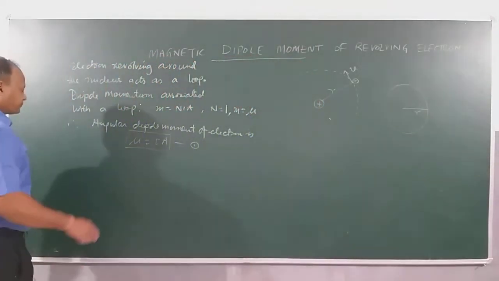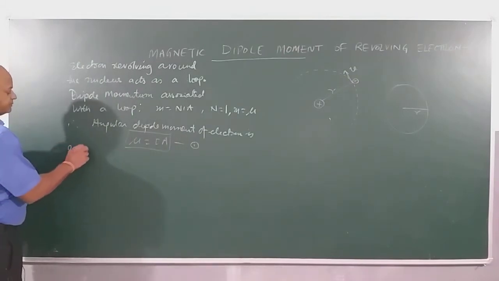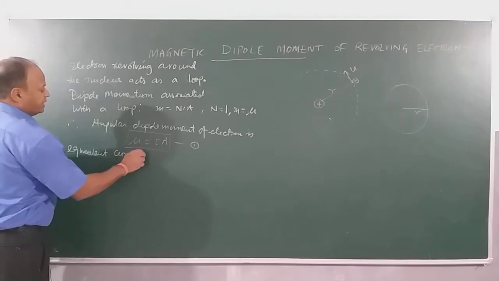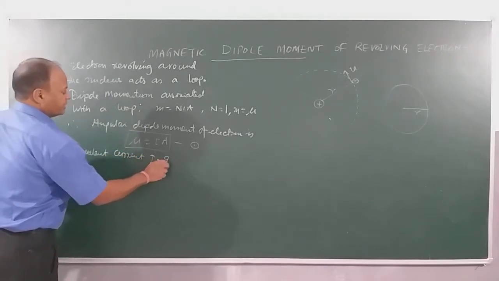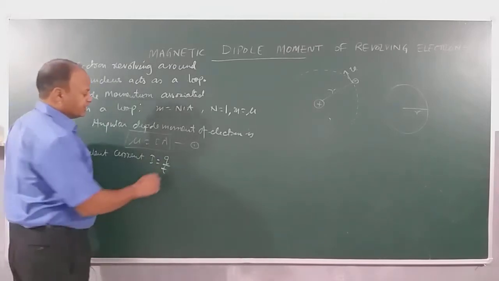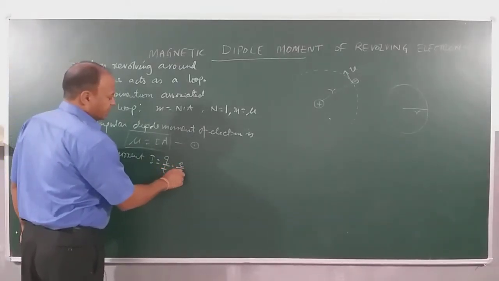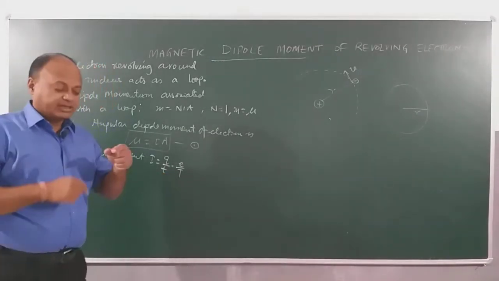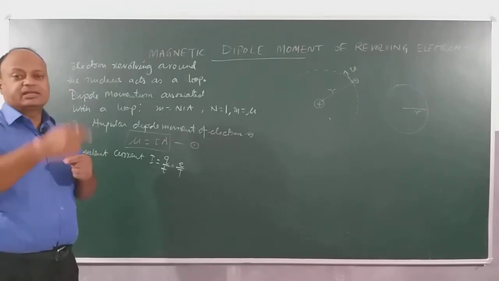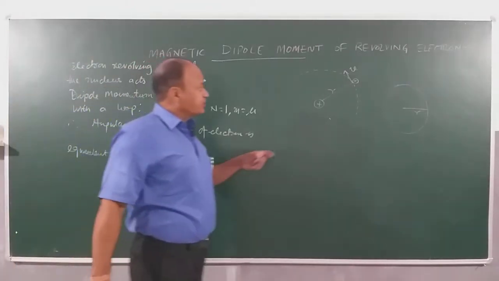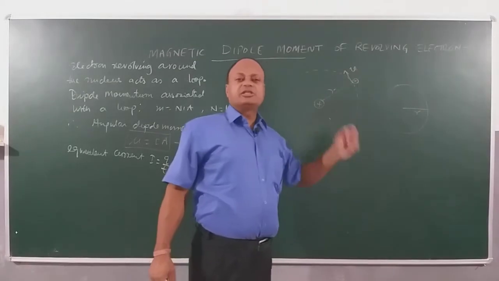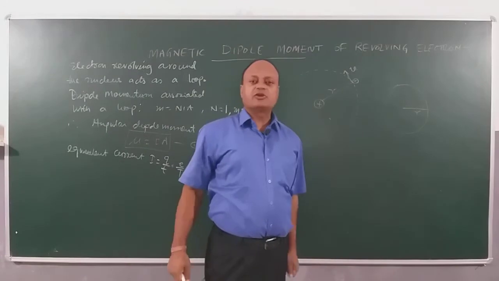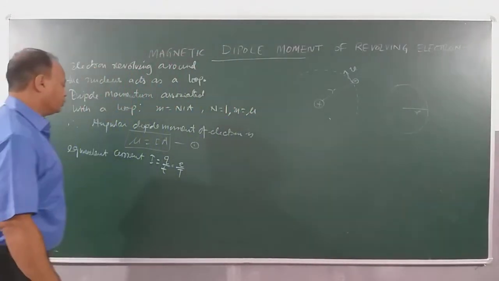So we will say the equivalent current, since the electron is revolving, I will be equal to Q by T, and Q we will write as e, the charge of the electron, and time will be capital T. Remember children, this capital T is the time period, the time it takes for the electron to make one complete cycle. Now when this electron makes one complete cycle, how much distance does it travel? Equal to the circumference, that is 2 pi r, and what is the velocity of the electron? v.